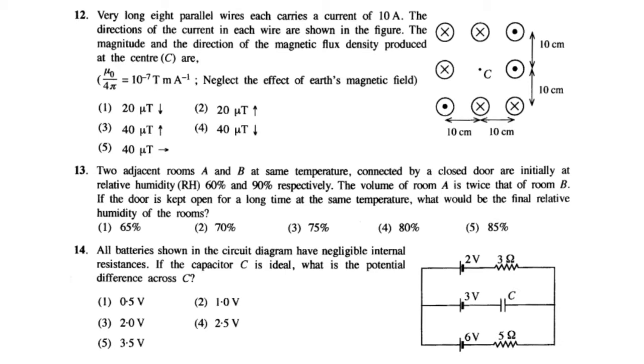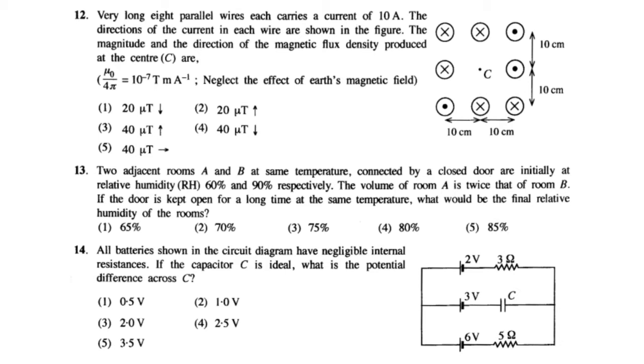Question number 14. A circuit diagram is shown in the figure. All batteries have negligible internal resistances, and they are asking what is the potential difference across C if the capacitor C is ideal. You know, when the current is passing through a capacitor, the capacitor starts to charge.